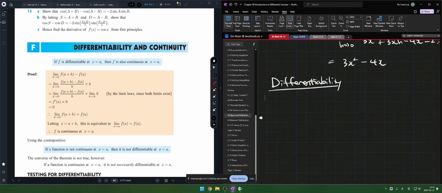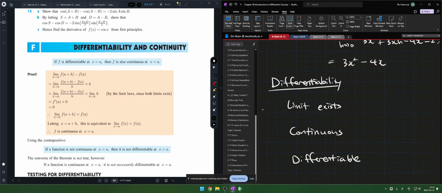Okay? So we have to understand these three things together: limit exists, and it's continuous, and it's differentiable. These three things are closely related.